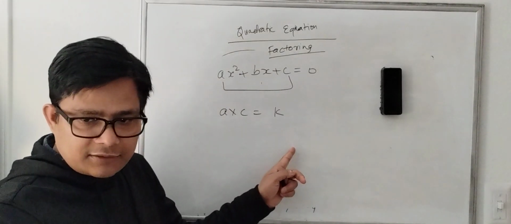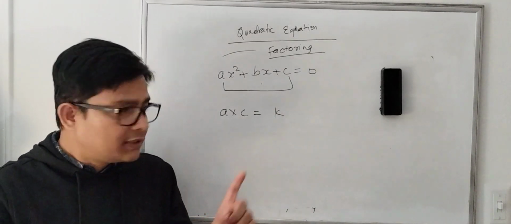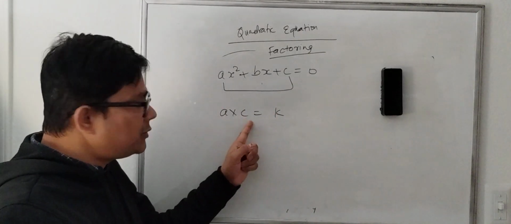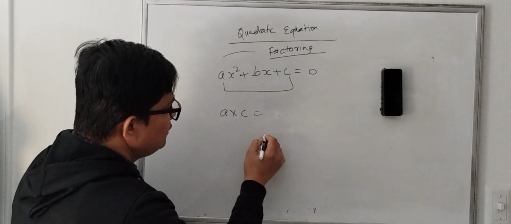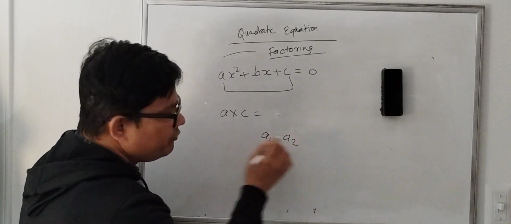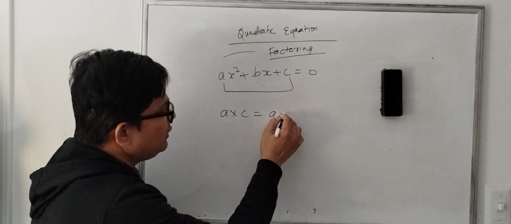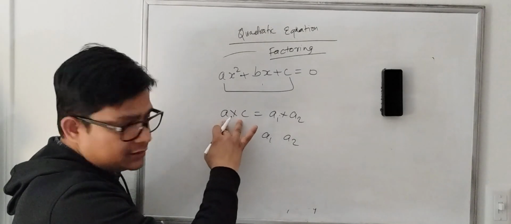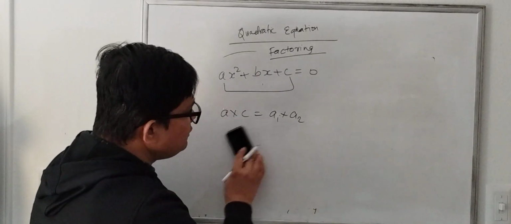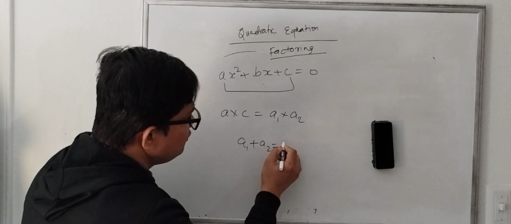two numbers, and if you multiply those two numbers, that will give you the product of these two, and let's say those two numbers are a1 and a2. Okay, if you multiply these two numbers a1 and a2, that will give you the product of a and c, and if you sum them, a1 and a2, that will give you b.